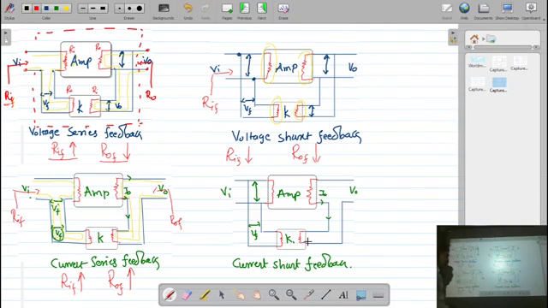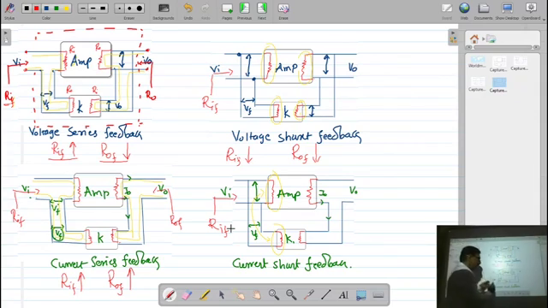And here you can see that the input resistance of the amplifier and the output resistance of the feedback network both are parallel to each other. Then naturally, if you measure the resistance at this point, that is the RIF, it will be less than the original resistance.